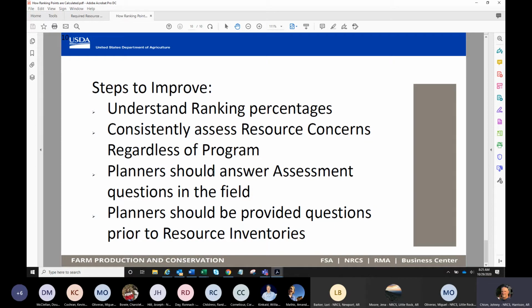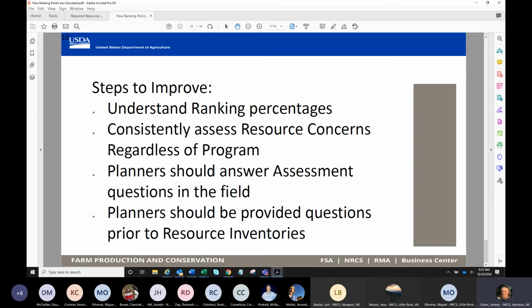Another thing is with this last year, we kind of got the CART questions late in the game. A lot of the offices had been out to the field 6 months previous. They didn't go back to the field. They're trying to answer these assessment questions from what they remember being out in the field 6 months ago.